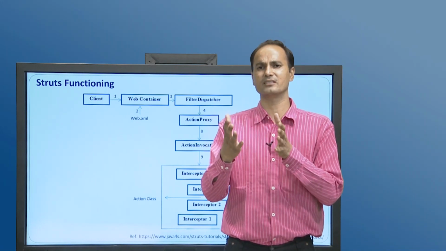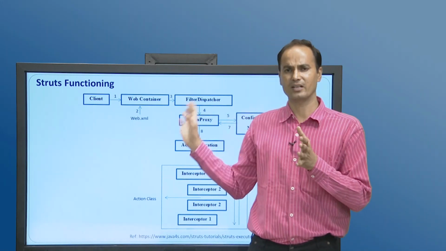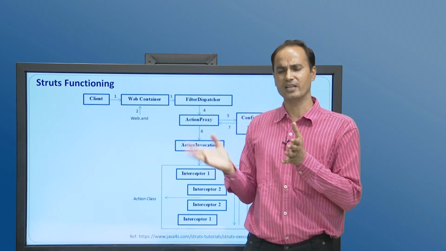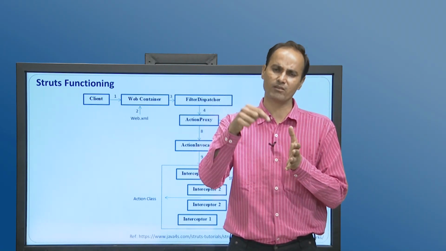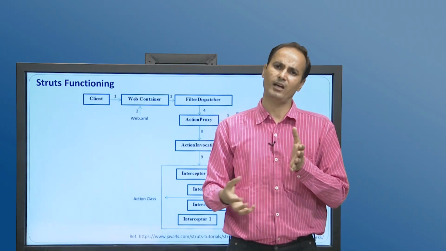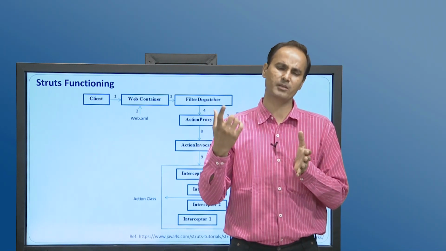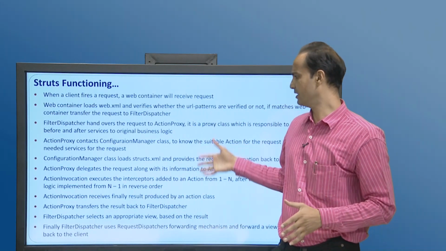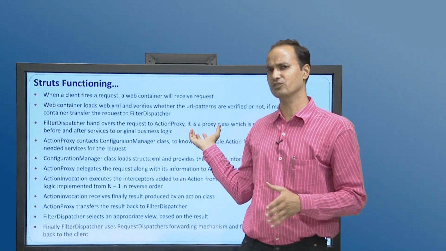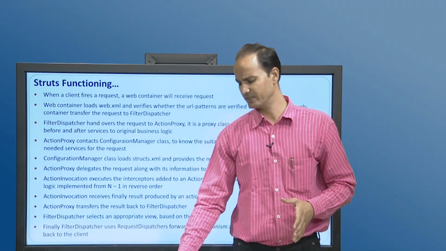Once the action class is invoked by the container through the action invocation, the respective service is served by the action class and the response is forwarded back to the client. This is all about the execution flow that we discussed in the previous slide about Struts functioning.